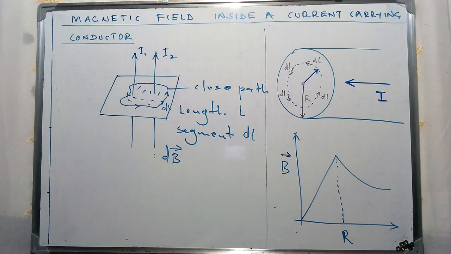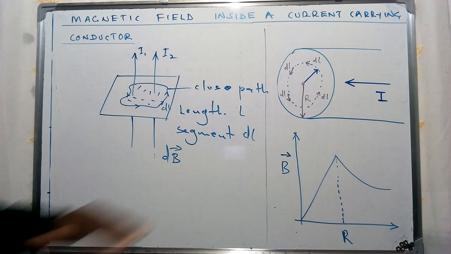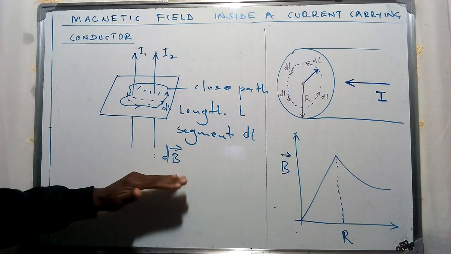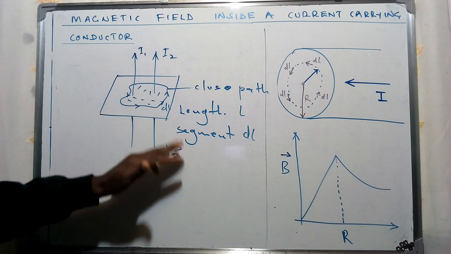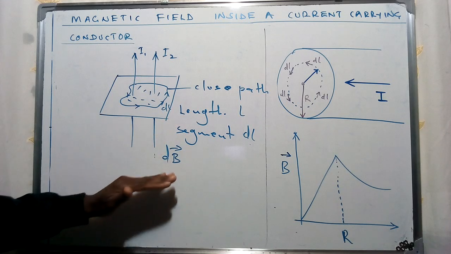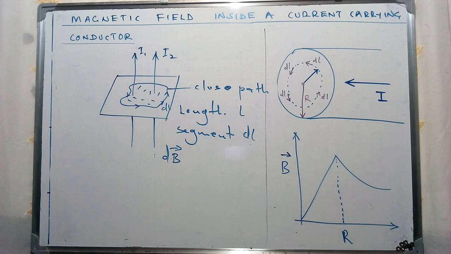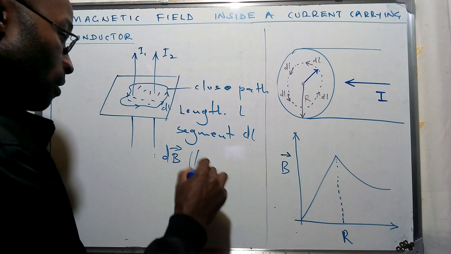Those gave us aspects like the right hand grip rule, which we use to define the direction of that magnetic field. Now we can have a specific law, which takes the product of each of these lengths and the component of the magnetic field which is parallel to this specific length.